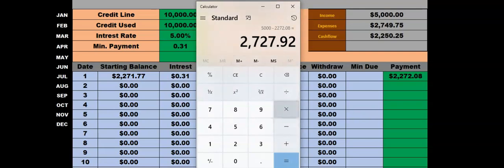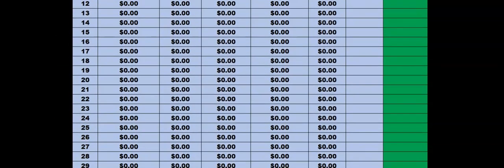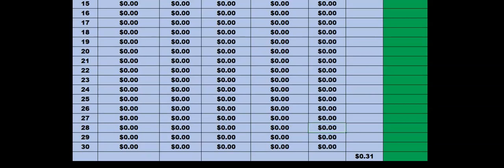So on the 10th, we won't need to withdraw the $699.50. And then on the 24th, we won't need to withdraw the $1,250.25. So on the 28th, we'll need to withdraw $2,183.